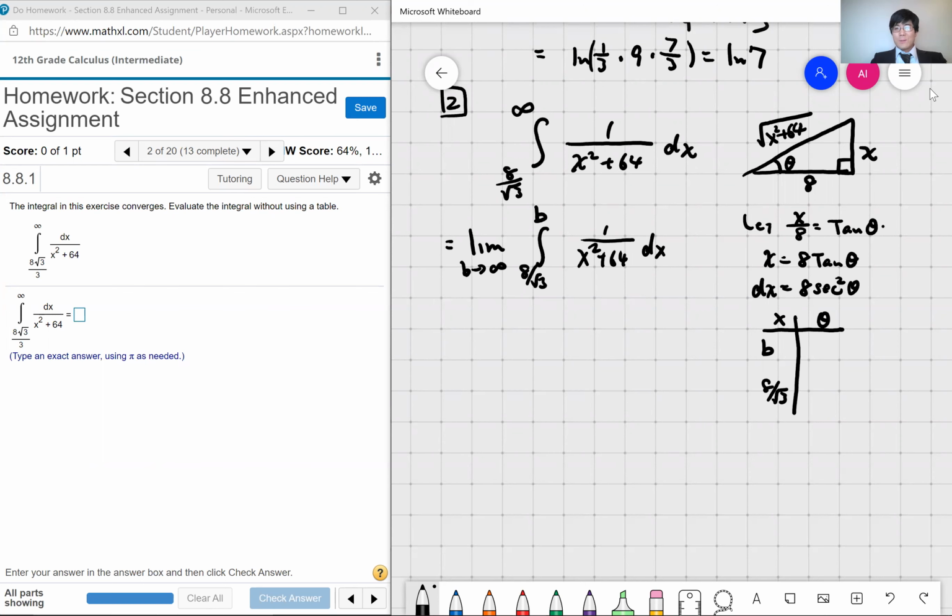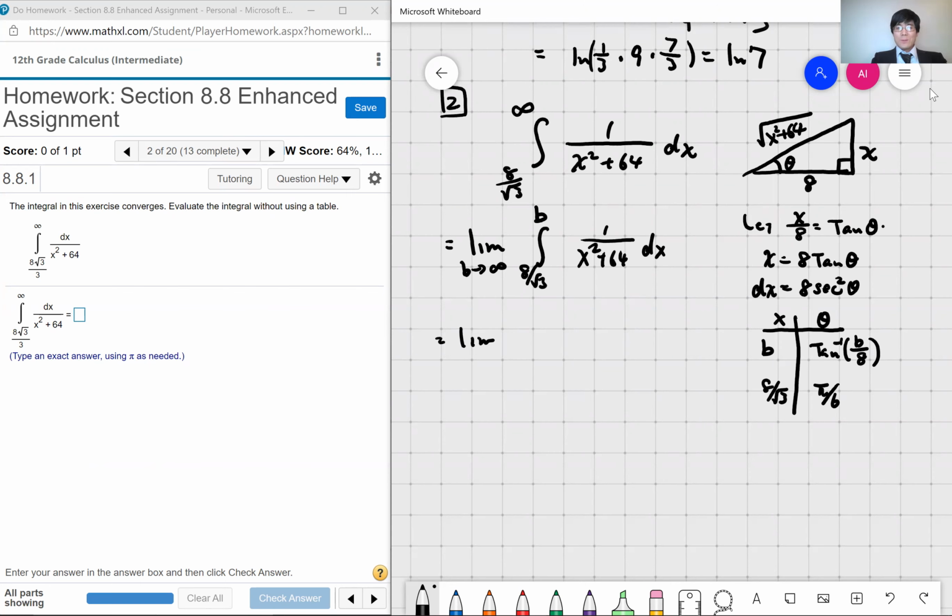So the corresponding value of theta will be, tangent will become 1 over square root of 3, so it's going to be pi over 6. And here it's going to be inverse tangent of b over 8.